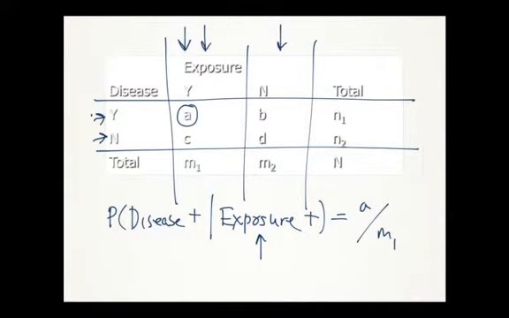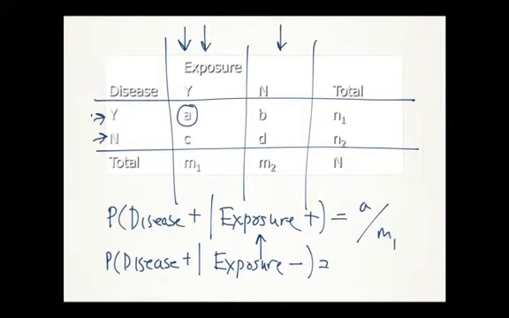And so similarly, the probability of being disease positive, given that you're unexposed, so exposure negative, is equal to B over M2.